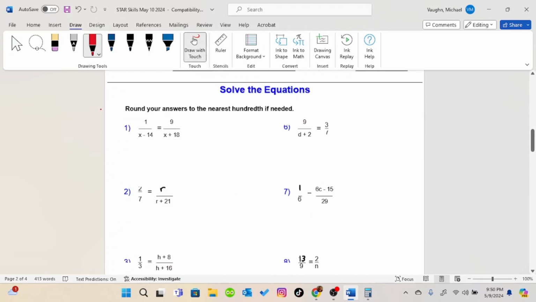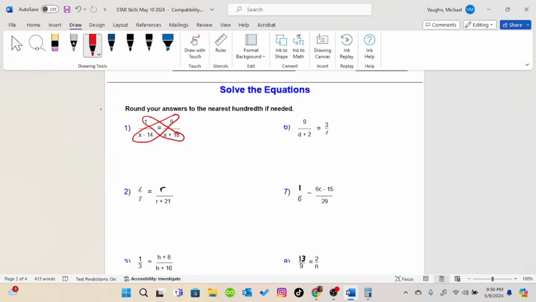Page 2. Solve the equations. Round your answers to the nearest hundredth if you need. So when we see problems like this, we're going to cross multiply and then set them equal to each other and solve.